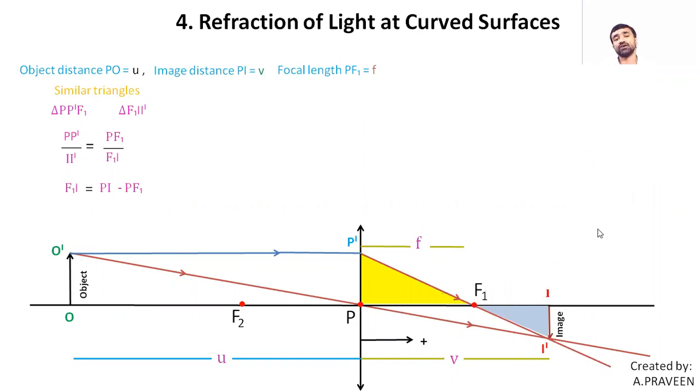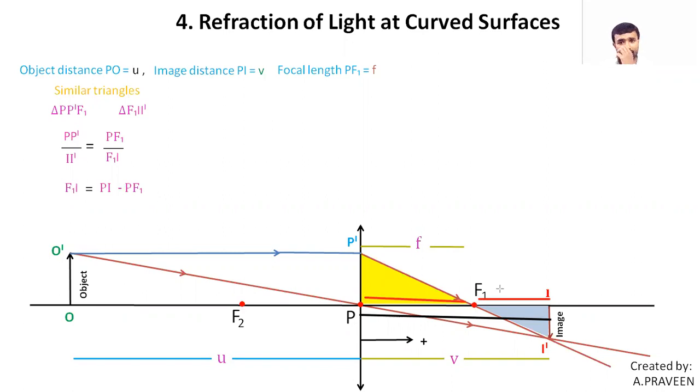So for that purpose, F1I equal to, I have written this total distance, the black color, and then you subtract this part, right?